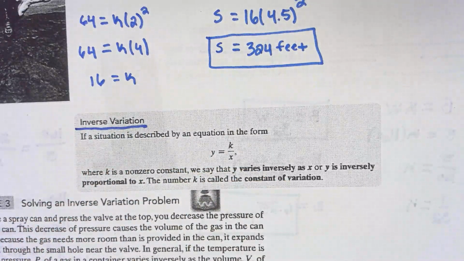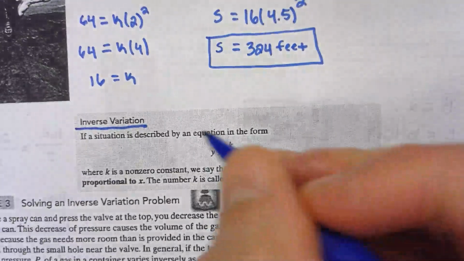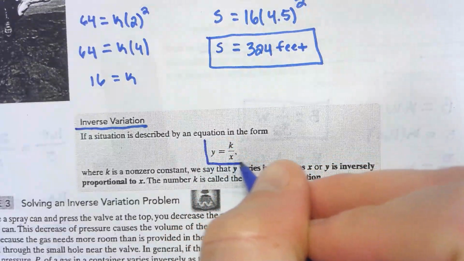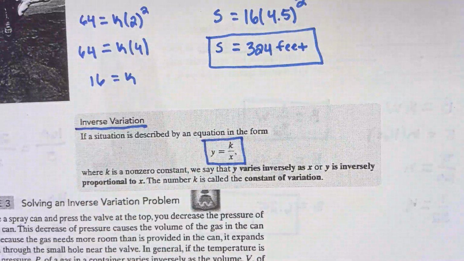Similar kind of idea, except this time the language here is going to be a little bit different, and our equation is a little bit different, in that the equation for inverse variation is the constant k divided by x, thus a rational equation. The variable is in the denominator.